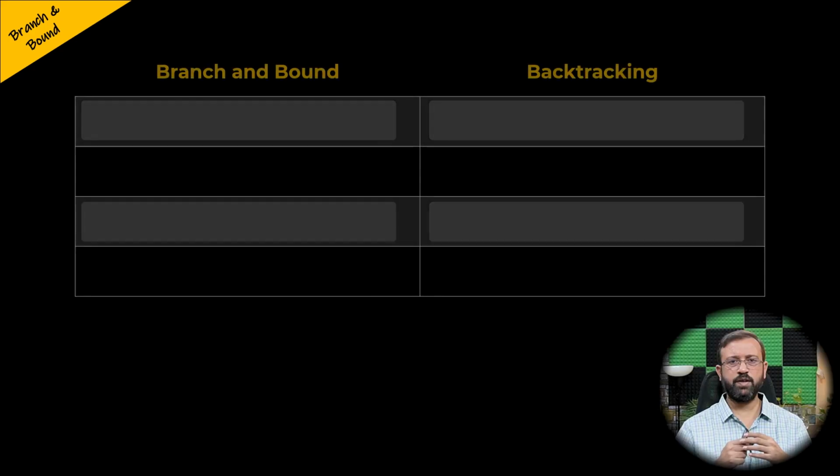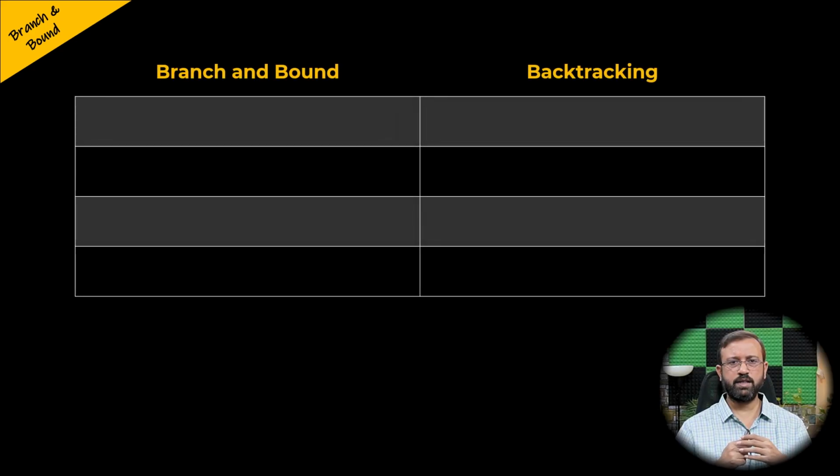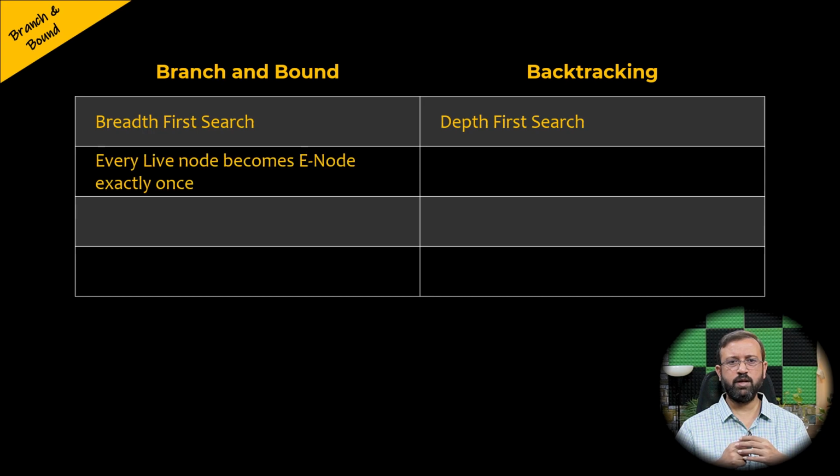The difference between branch and bound and backtracking is the way the nodes are generated. The branch and bound strategy works in a breadth-first search manner, whereas backtracking works in a depth-first search manner. In branch and bound, every live node becomes the E node exactly once, whereas in backtracking, a live node may become an E node more than once.